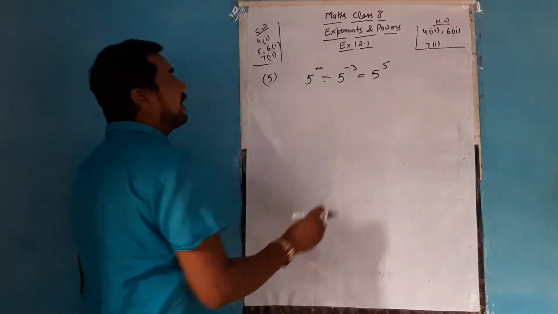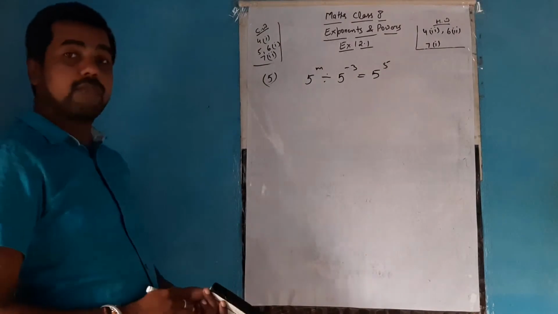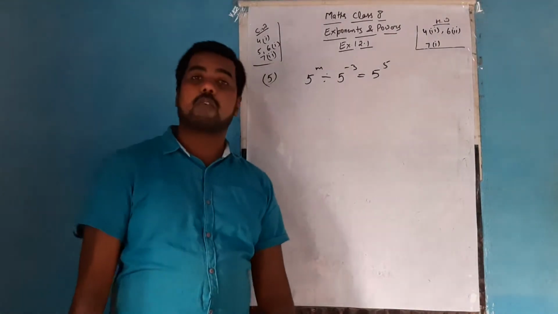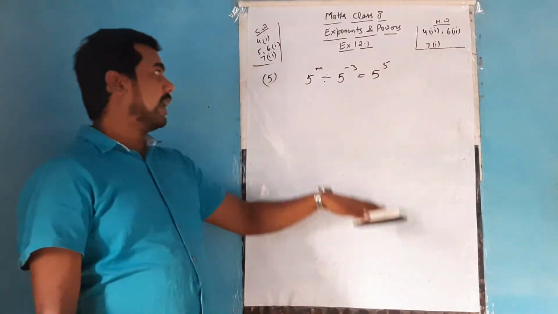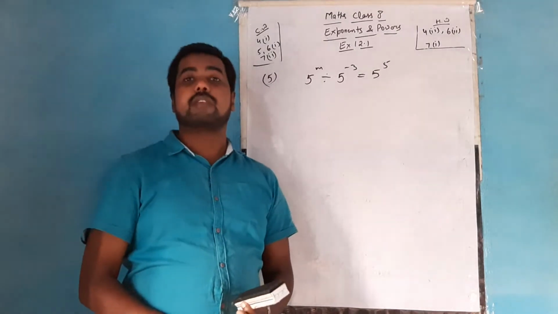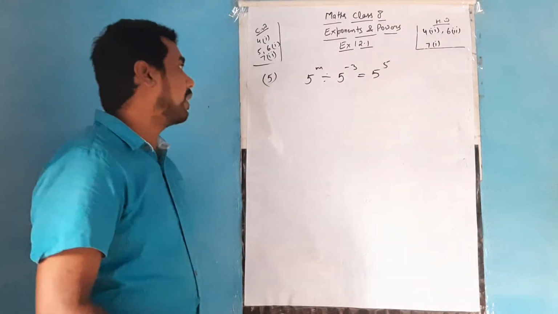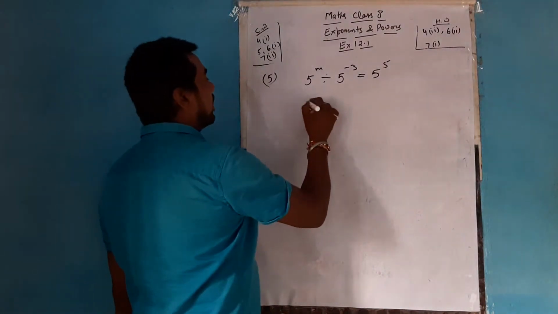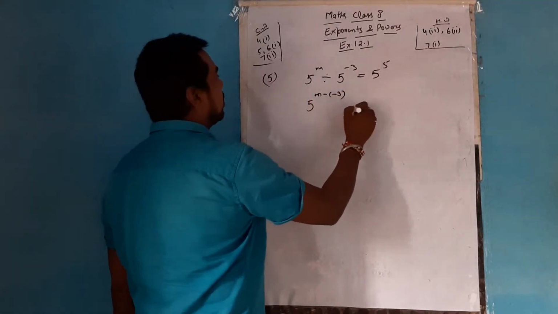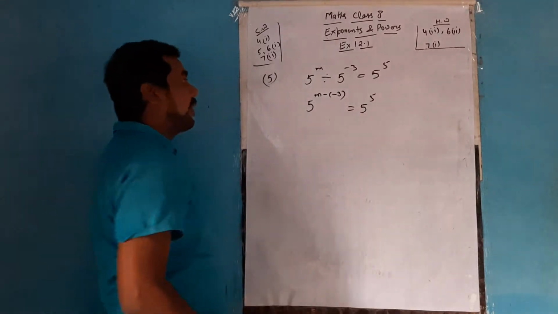As I told you, when you have to solve this type of question, your first motive should be to make the bases the same on both sides of the equation. And here we can use the second law, where the concept of division is there, so we can subtract the powers. So now we subtract the powers, that becomes 5 to the power m minus 3 equals 5 to the power 5.